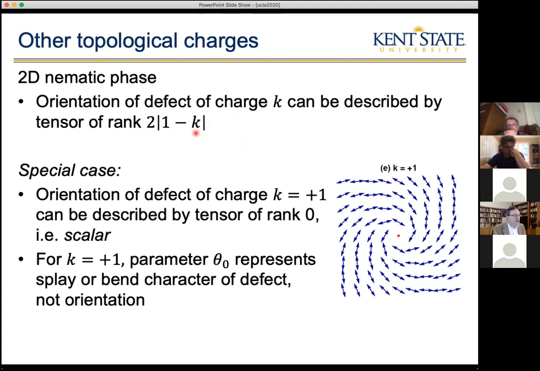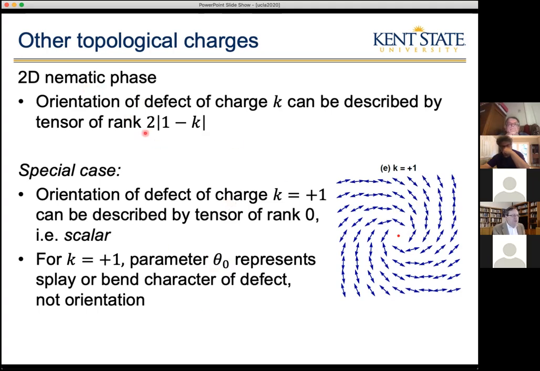We can also, so here's a picture of the scalar. So the scalar does have an extra degree of freedom, this theta 0 parameter, but in that case, it's not an orientational degree of freedom. It has to do with the properties of the defect, whether the structure is radial or tangential or something in between.